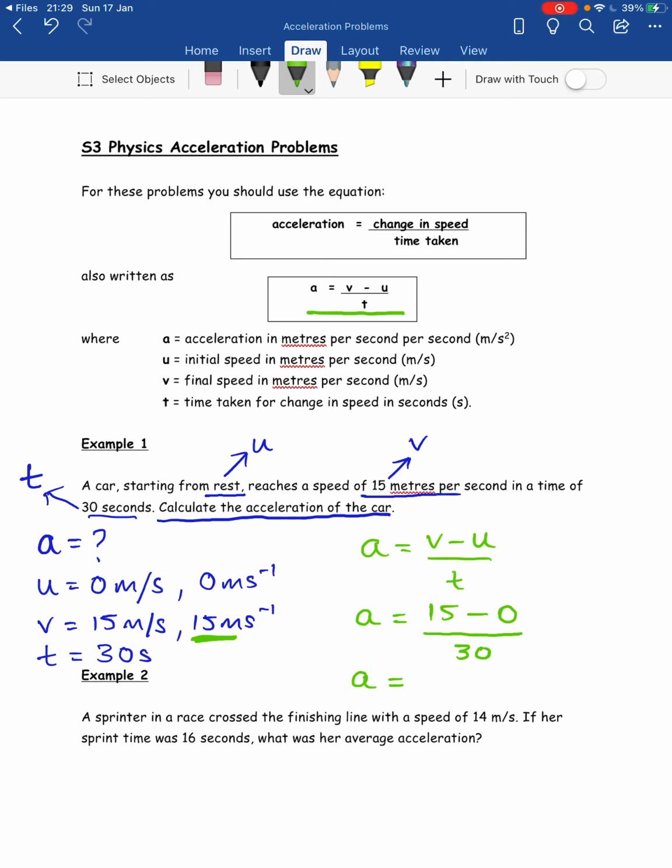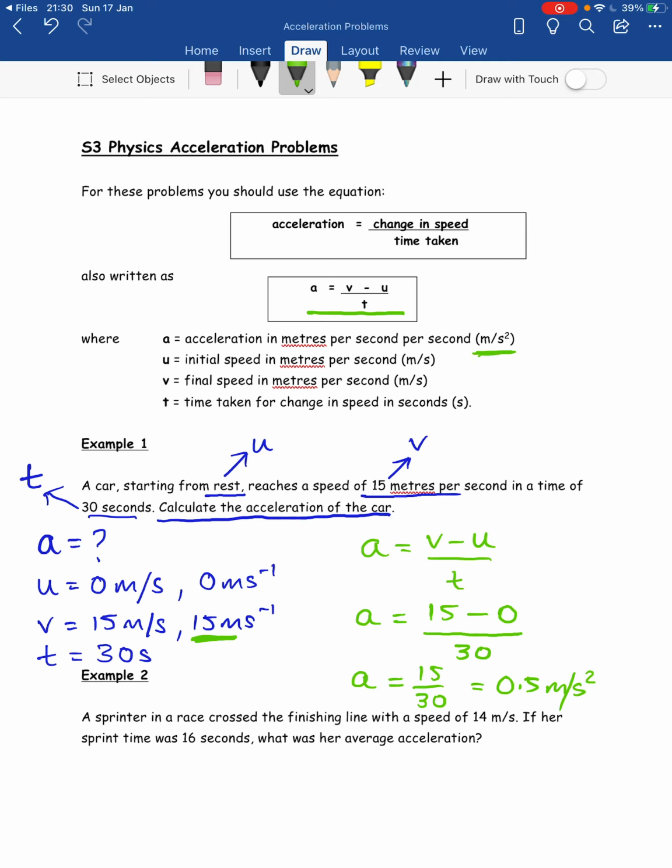If I then do 15 take away 0, that just gives me 15. Divide that by 30. And my final answer becomes 0.5 meters per second. I can write it down as m/s squared, so that it matches the top part there.